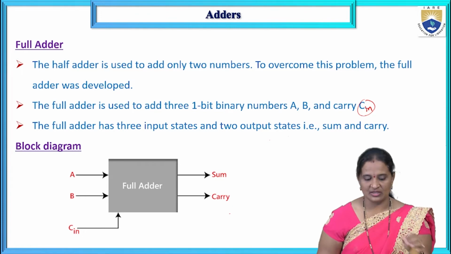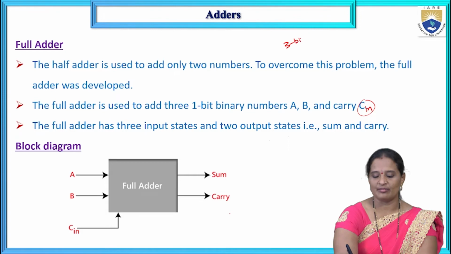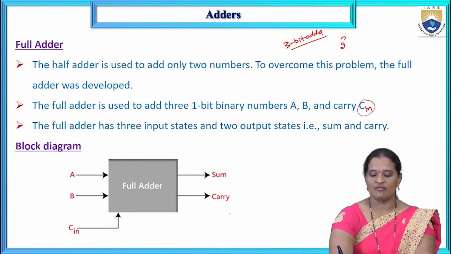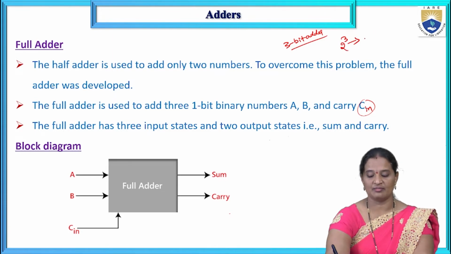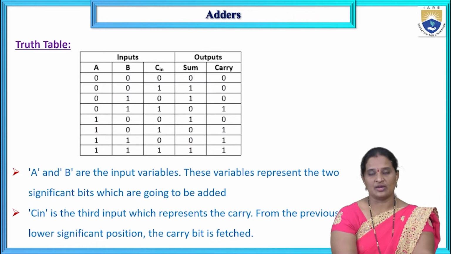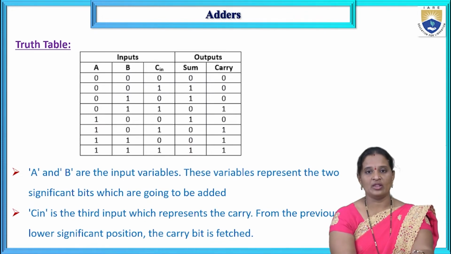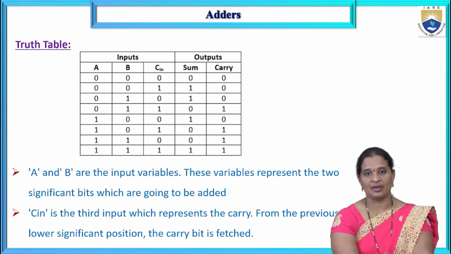Now let us see the truth table. A full adder is a 3-bit adder. How many inputs do we have here? 3 bits. How many possible input combinations do we have for 3 input variables? 2 power 3, which is 8. This truth table lists all 8 possible combinations of input and the respective sum and carry output.